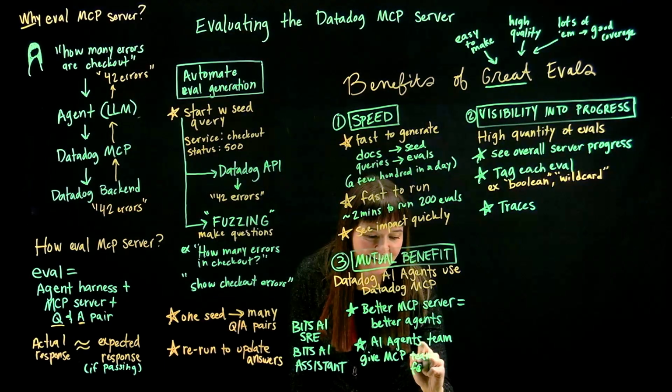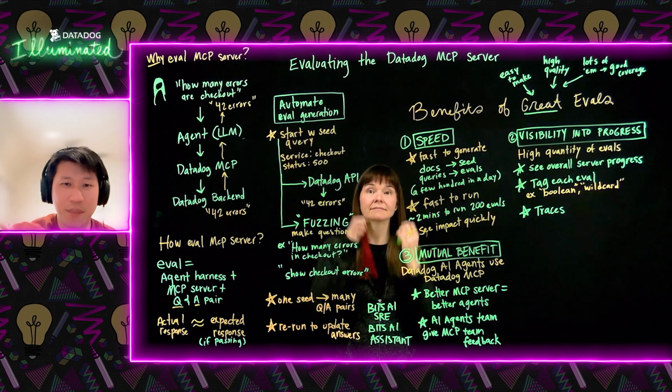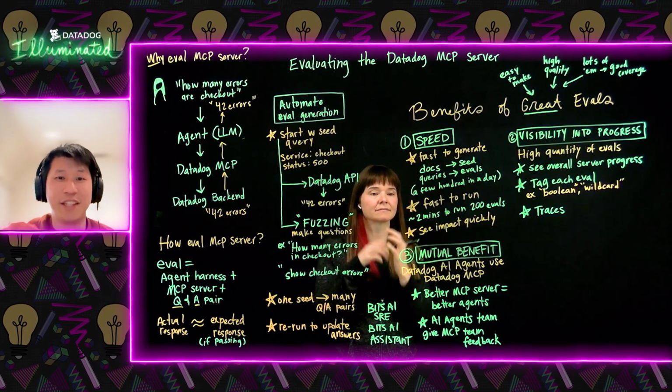So they will give us feedback, like perhaps there's this obscure thing that they want that we didn't think of. And maybe it's not so obscure, you just didn't think about it. And that means that when one agent team gives us feedback, we improve the MCP server, and then another AI agent team that uses the MCP server also benefits indirectly. They don't even have to give us the bug report. They just know that their MCP tools got better.